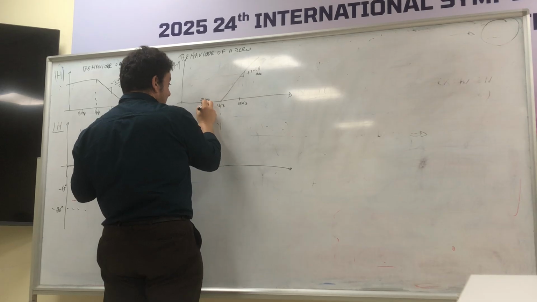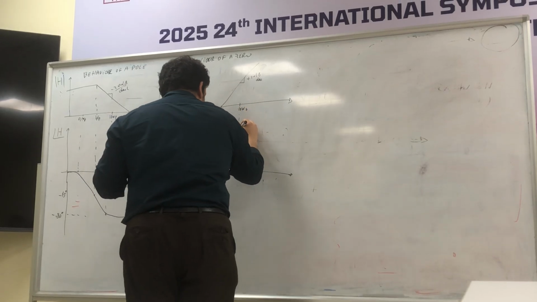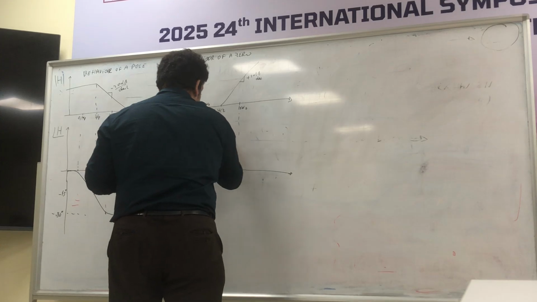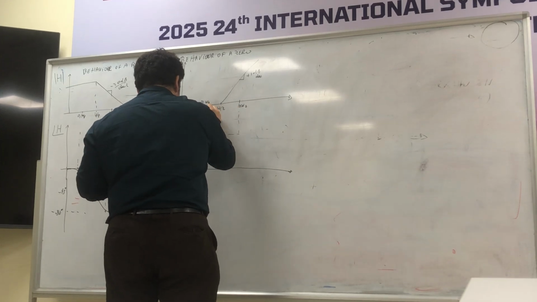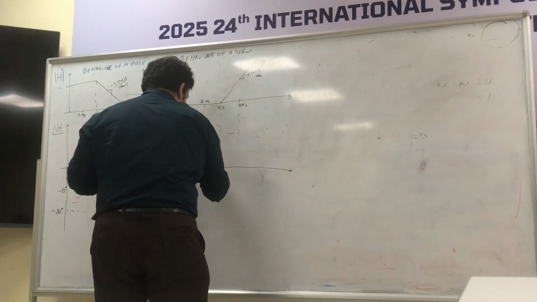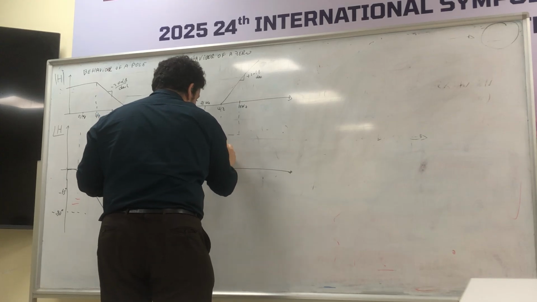So here I have 90, and here I have 0. So the curve is like that.